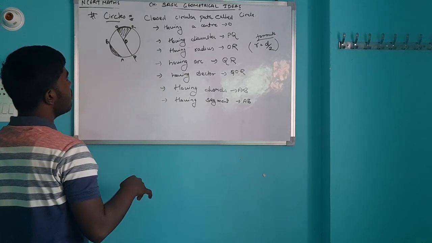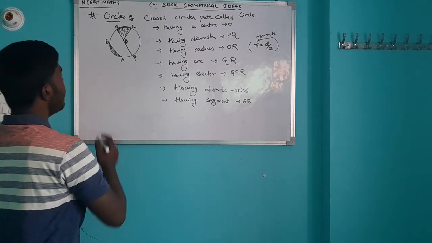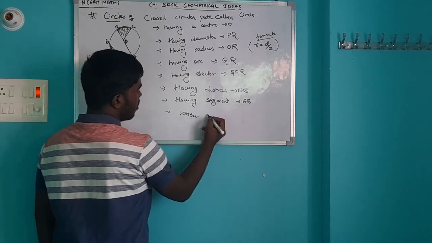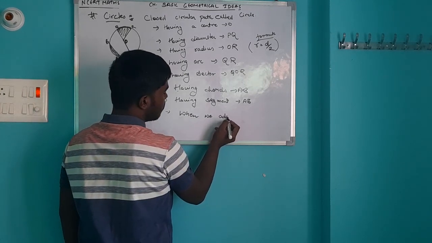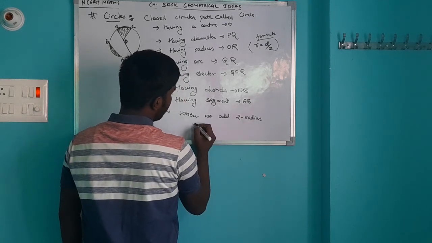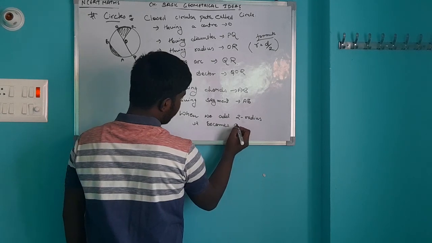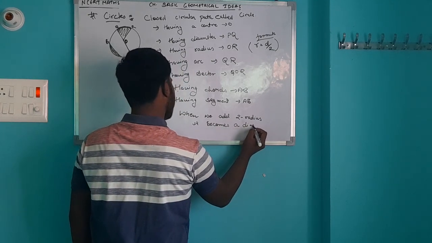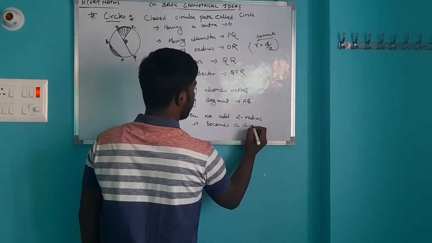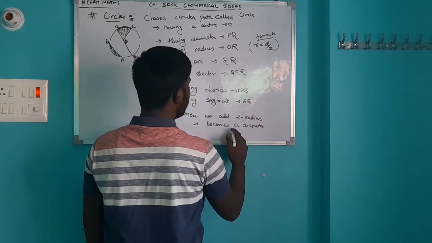So these are the several parts related to the radius. You know that when we add two radii, it becomes a diameter. This formula also comes with this point.